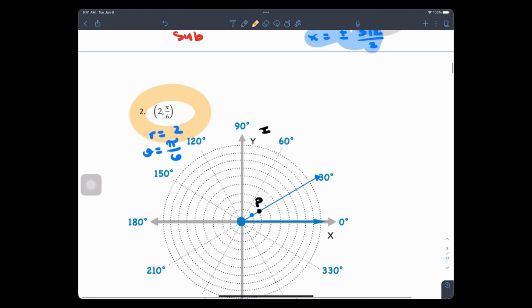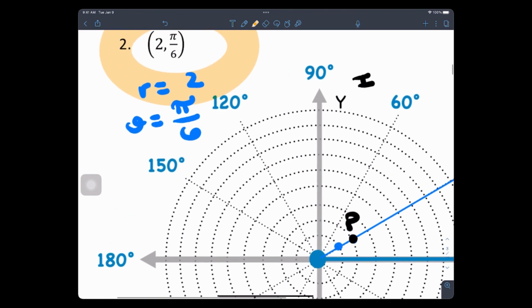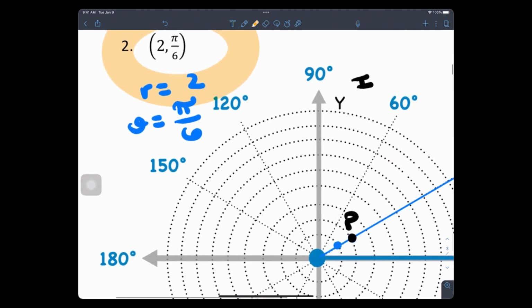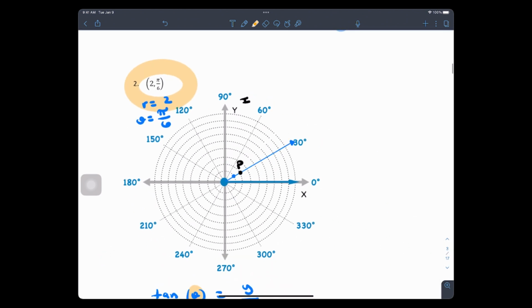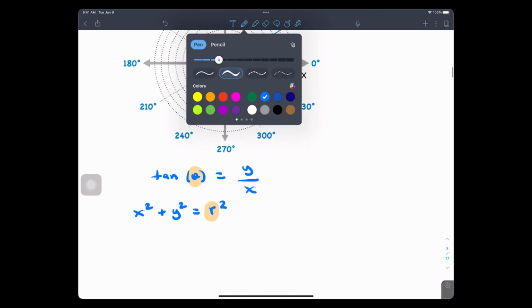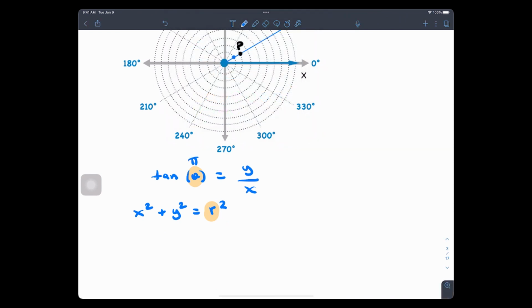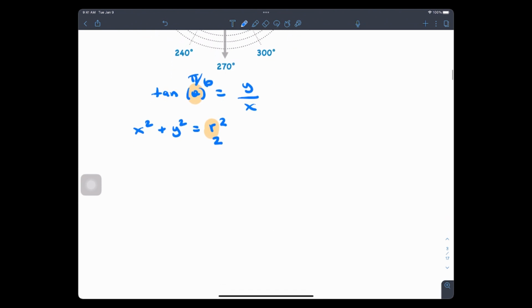So you say, what is theta? Pi/6. What is r? 2. So substitute. So you're going to say, okay, theta is 30 degrees. R is 2. So you end up with 2 equations. You say, what is this?